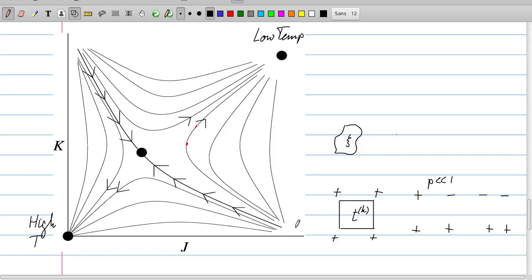What is very important here is that on this line it is possible that we find a so-called fixed point. And in a fixed point, if we are there, then the system doesn't change anymore upon renormalization. So the effective coupling constant for the coarse-grained spins turns out to be the same as the effective coupling constant for the fine-grained spins.